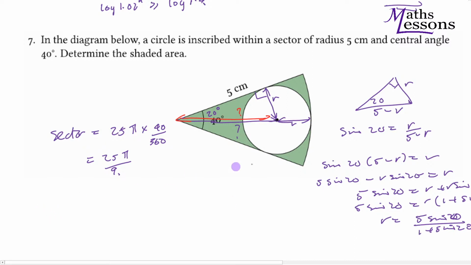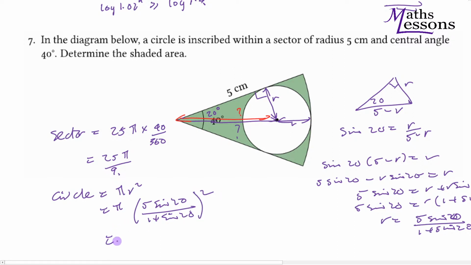So therefore for the circle, we worked out the radius, the area of the circle will equal pi r squared, and that will equal pi times 5 sine of 20 all over 1 plus sine of 20, all squared. And if you do that, we get 5.10 and a load of other stuff.